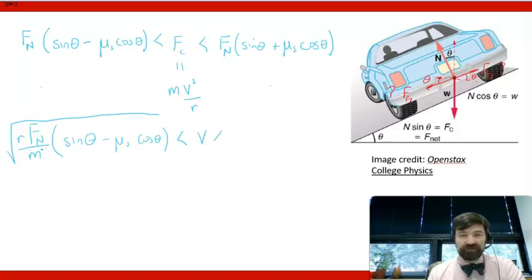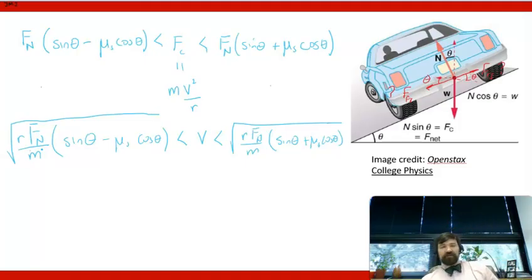So v is less than the square root of r times normal force divided by mass times sine theta plus mu cosine theta. Now this term right here, because we have a subtraction, actually could come out to an imaginary value, and if that's the case, then essentially it means that your minimum speed is 0.